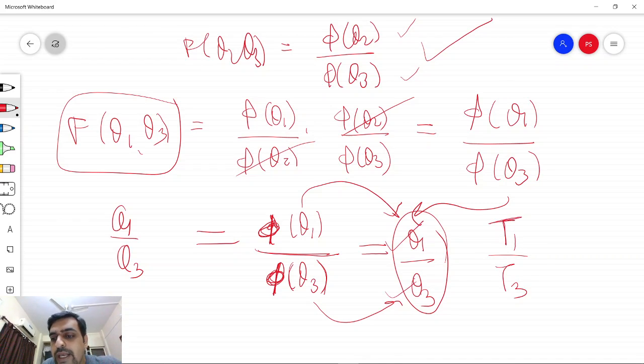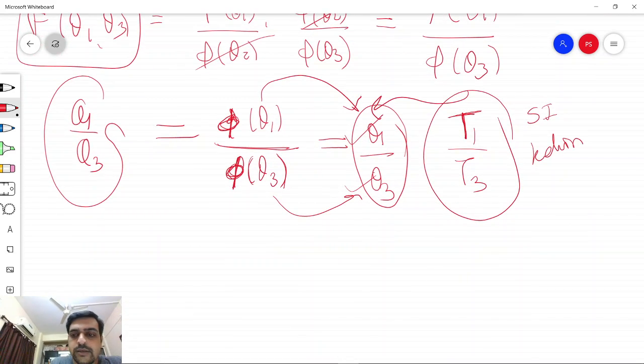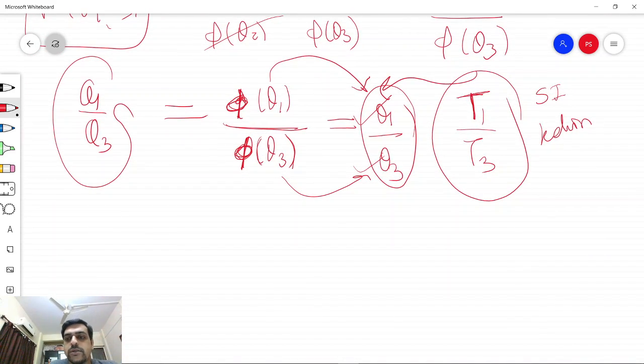Now, this capital T represents the temperature in SI unit Kelvin. So, Q1 by Q3 ratio is now equal to T1 by T3. So, this is how we introduce the absolute scale of temperature with the help of the efficiency of the Carnot engine. Thank you.